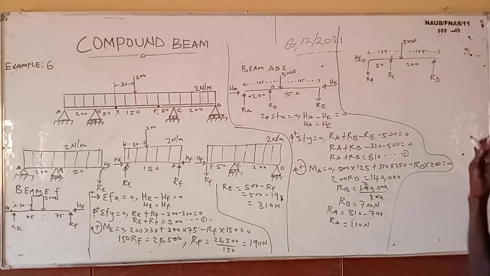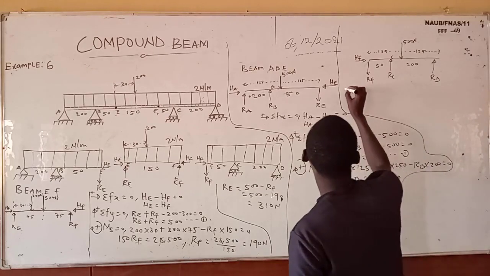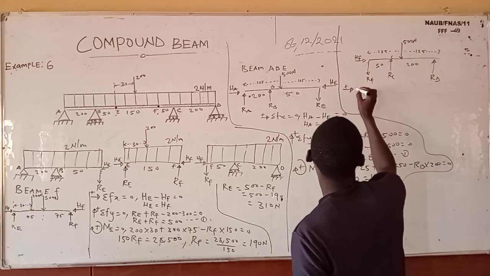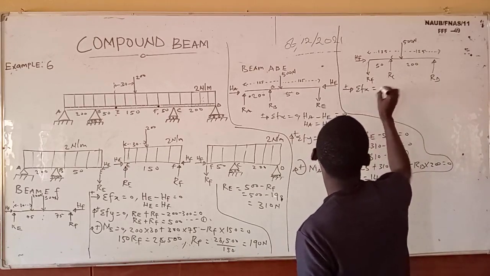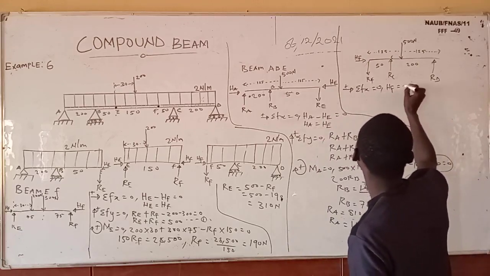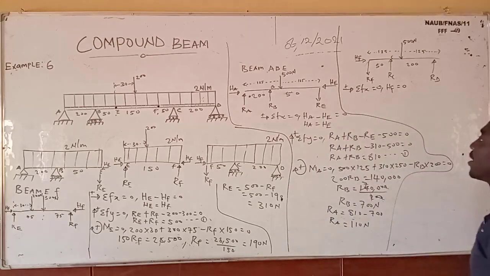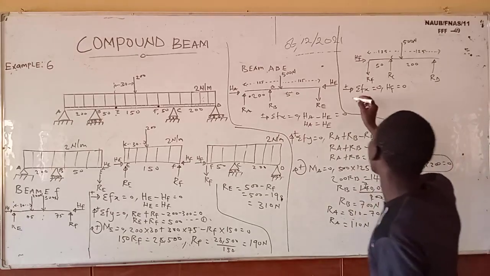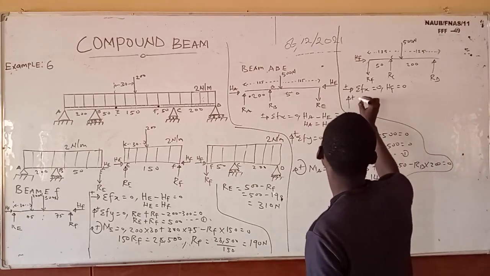So the first thing we are going to do is to find our vertical force. So summation of Fx will be equal to 0. So it means HF is 0.